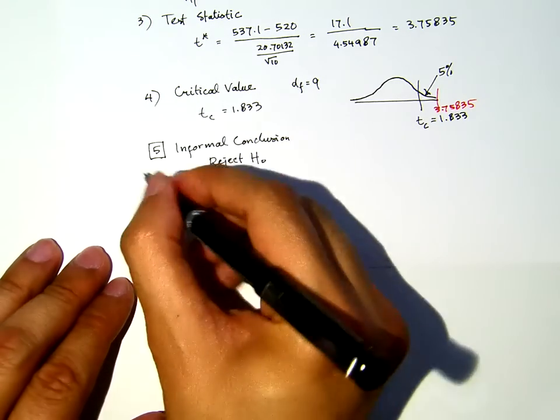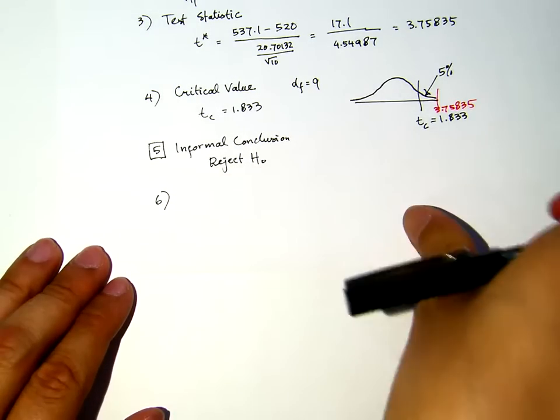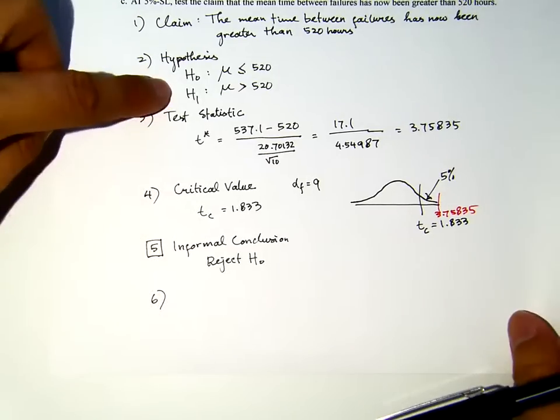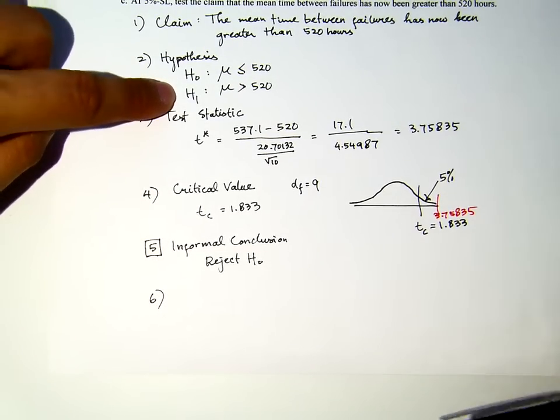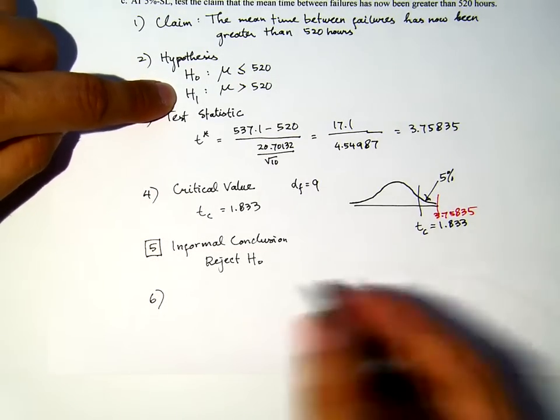Okay. Step 6 then. The claim is with the alternate hypothesis which we accept, right? Okay.